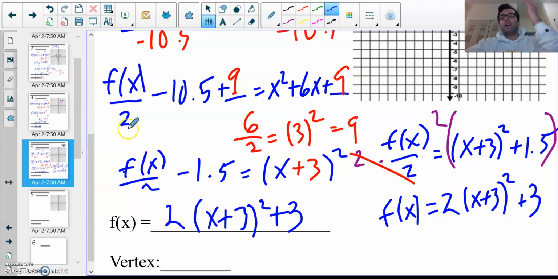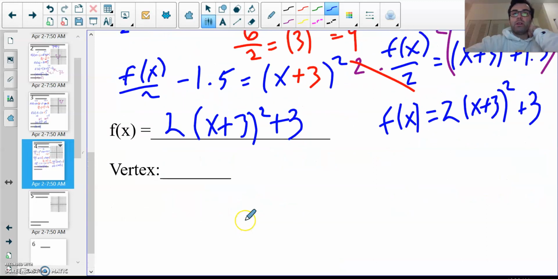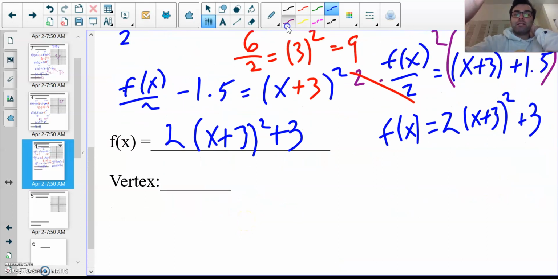Now here's the deal with this 2. The 2 doesn't affect our vertex. It just tells us whether we open up or down, and how quickly we increase. So my vertex is still going to be negative 3, 3, because negative 3 is left 3.